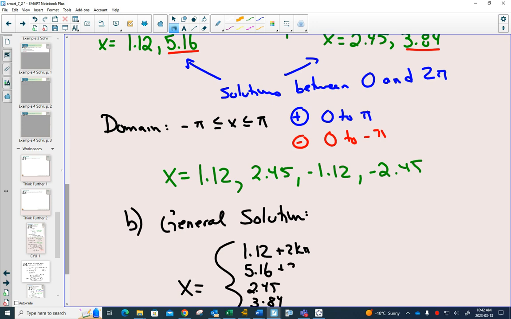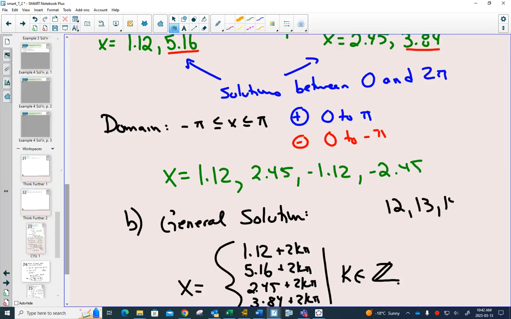Add 2k pi to each of those, where k is an integer. Circle questions 12, 13, and 14.